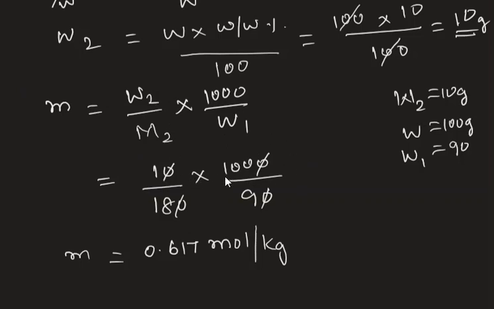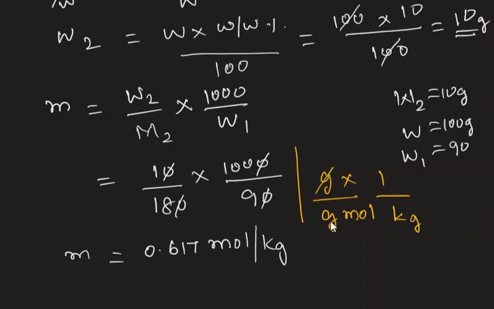So what is this? This is 10 gram, so you can put 10 gram, that is gram. And what about this? This is a number. And this one, molar mass, so gram per mole. And what about this? This is kg, is it not? So you have to put kg here, 1 divided by kg.